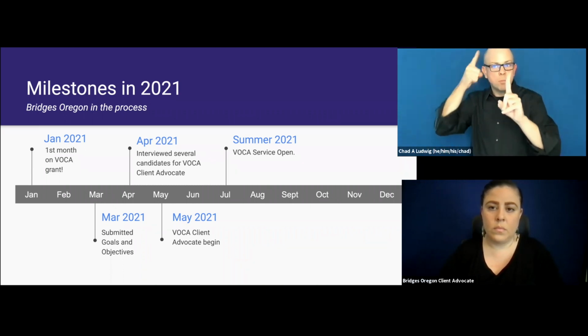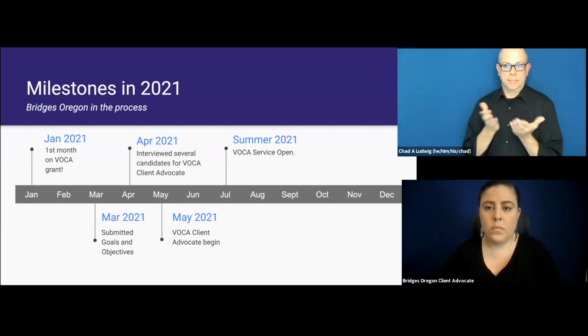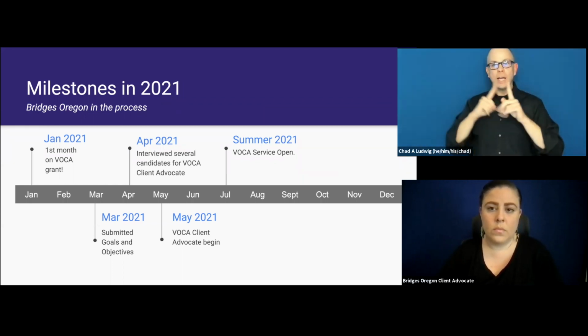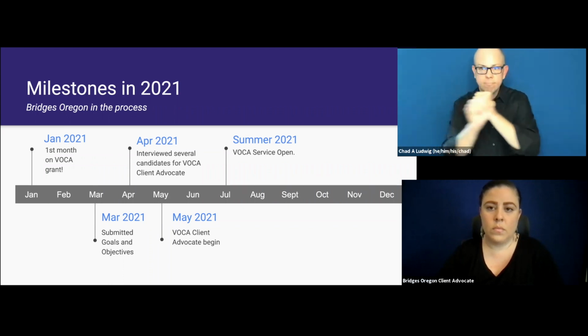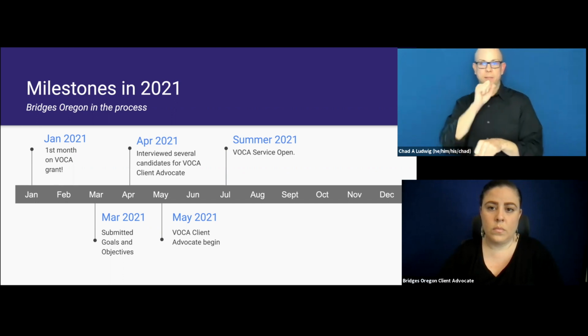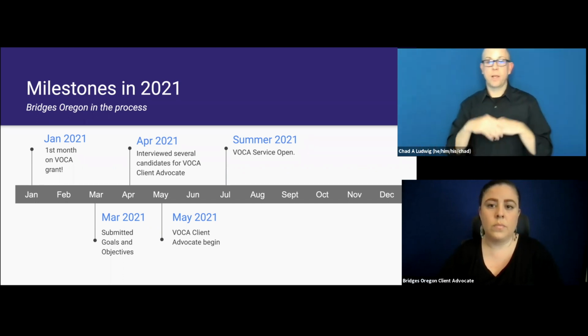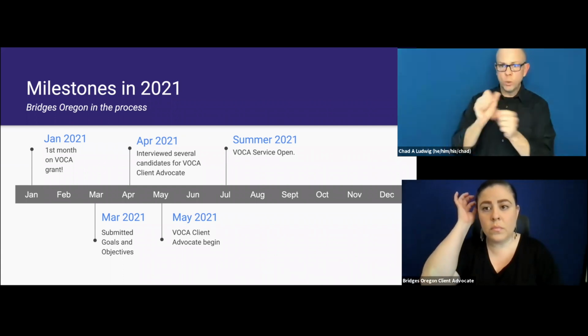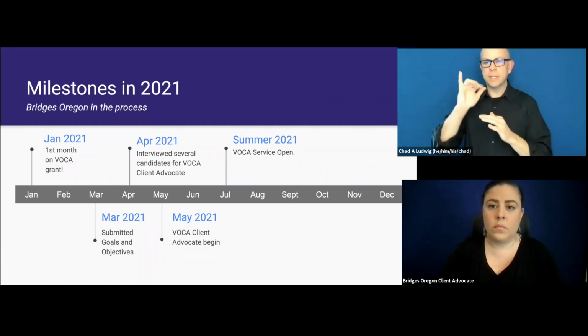So for one example, I had to send goals and objectives to explain what our service is supposed to be providing. And in April, we started talking with candidates and advertising to different organizations to get a job description out there, which is what resulted in getting Sammy her position with us. So we could actually start serving clients within the community.